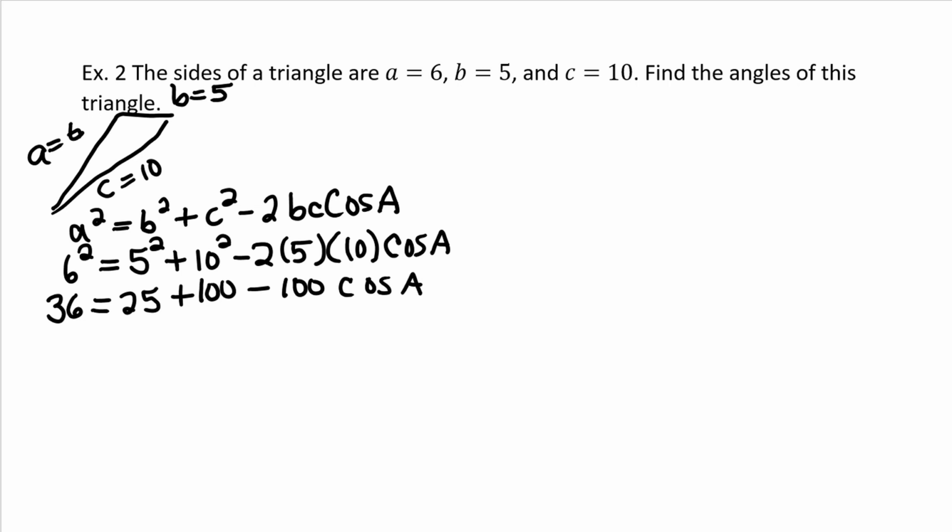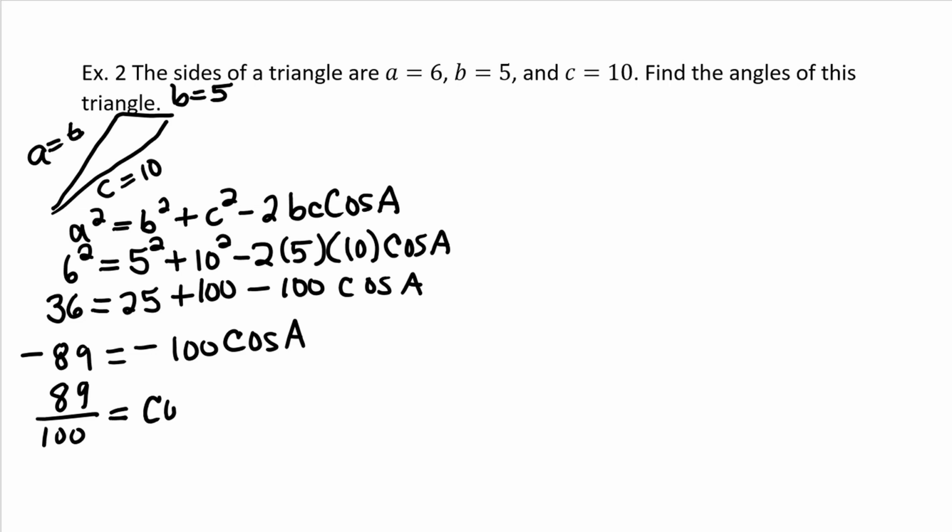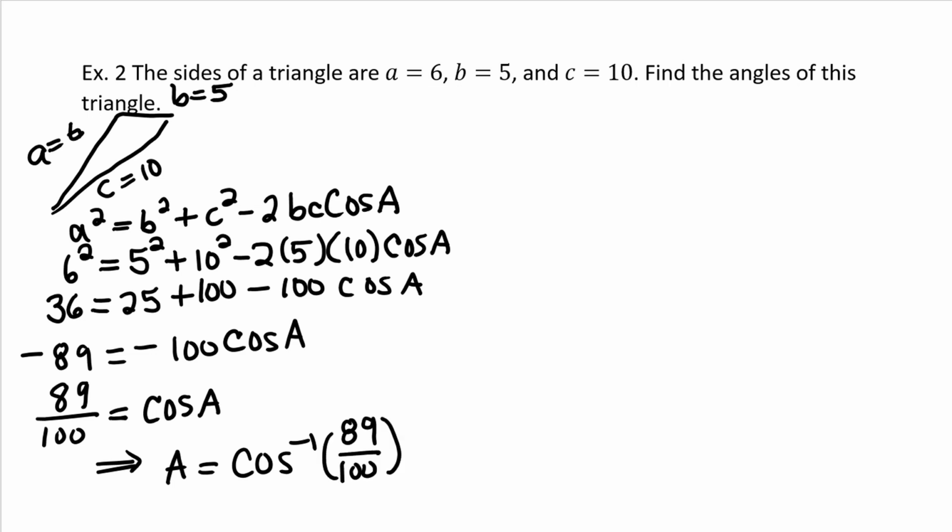Let's subtract 25 and 100, and that will give us negative 89 is equal to negative 100 times the cosine of A. Let's divide by 100 on both sides, so we get 89 100ths is equal to cosine of A. And to solve for A, we'll say that A is equal to cosine inverse of 89 over 100, and use your calculator.